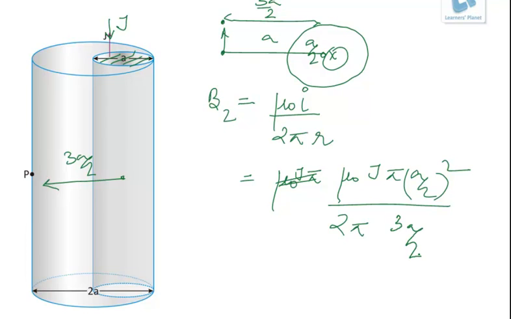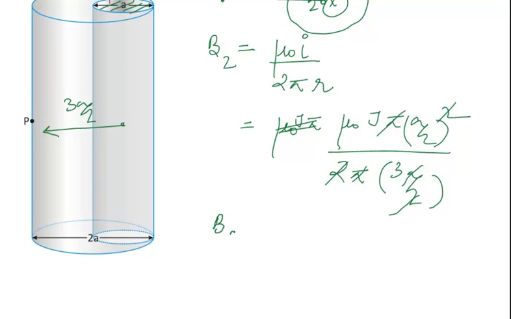So we write 3a by 2. This cancels out 2, this will cancel out this, a will cancel out here. And finally we are going to get the value of B2 as mu naught Ja by 12.